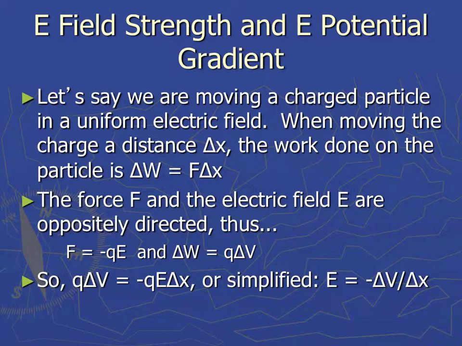Okay, now the next part of this is looking at the field strength and the potential gradient. We know that if we move a charged particle in a uniform electric field, and it's important to remember our point charges are not uniform, they're always changing, but if we look at a uniform electric field, as we move the charge some distance, we'll call delta x, the work done on the particle, the change in energy, is equal to the force times the change in position.